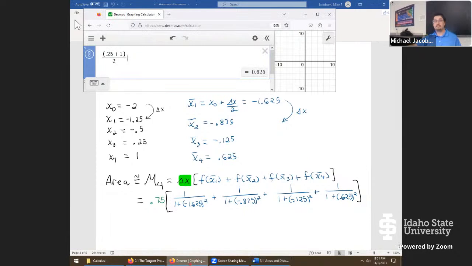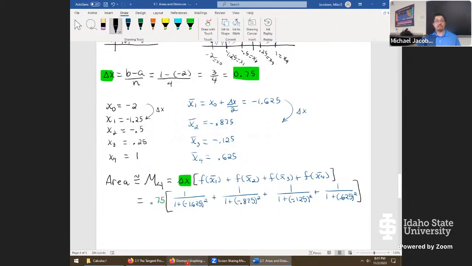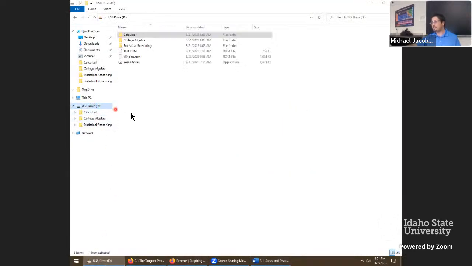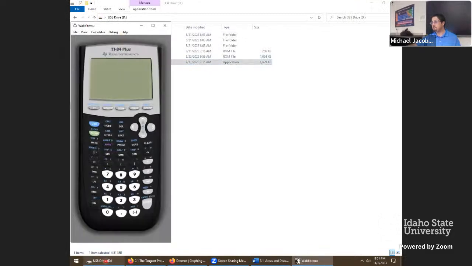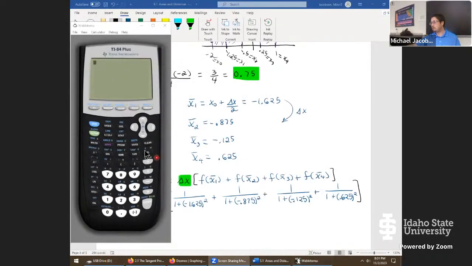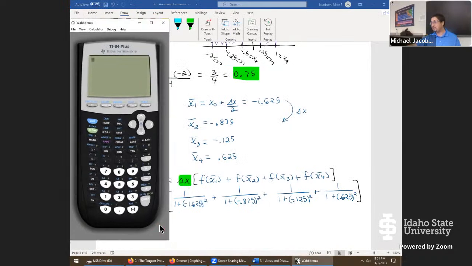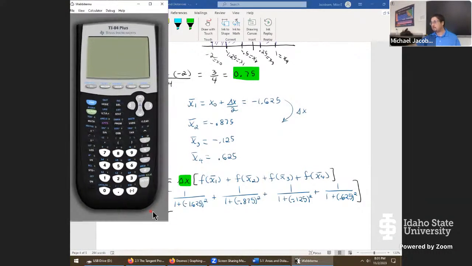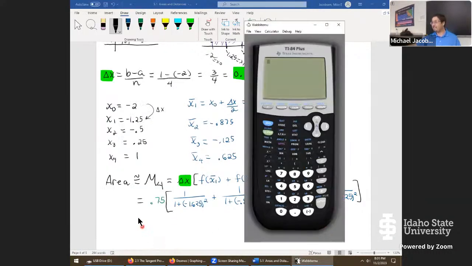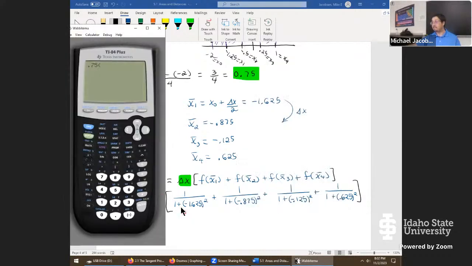We could use Desmos again, but let's try a more standard looking calculator just for folks who might be using a TI-83 or something like that. So in one of these calculators, here's how it comes in finally. Once I find a spot to put the calculator, first start by putting 0.75, a parenthesis, and now we're working inside the bracket, which is playing the role of a parenthesis now.